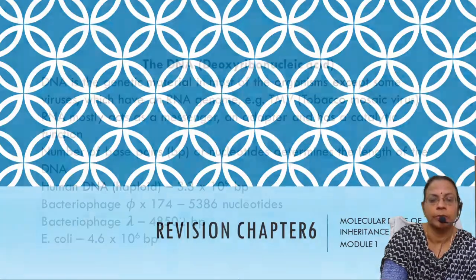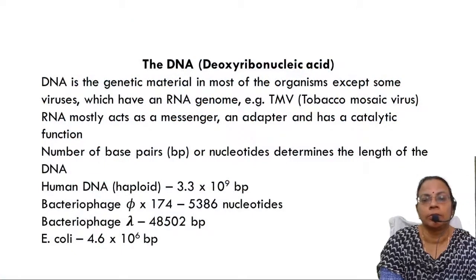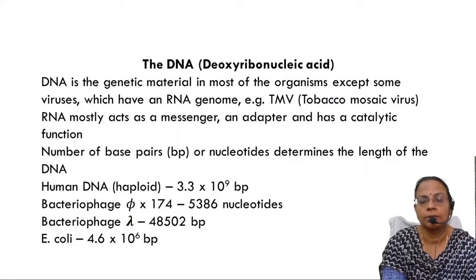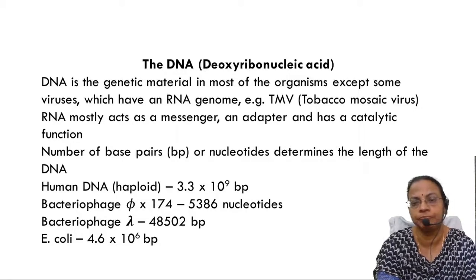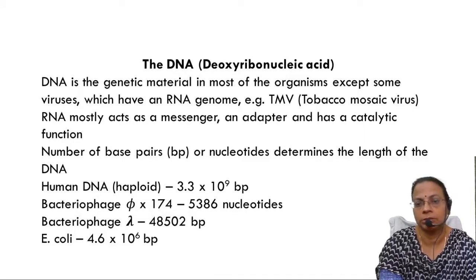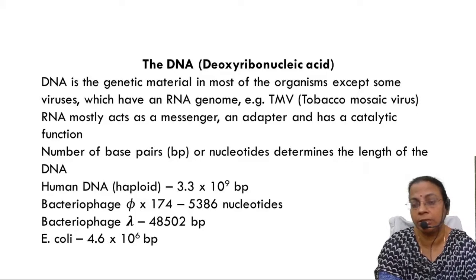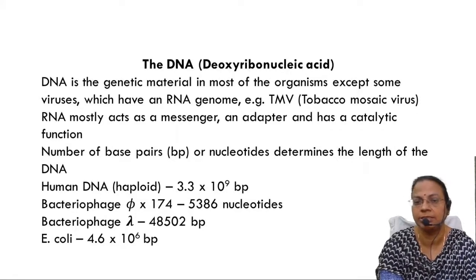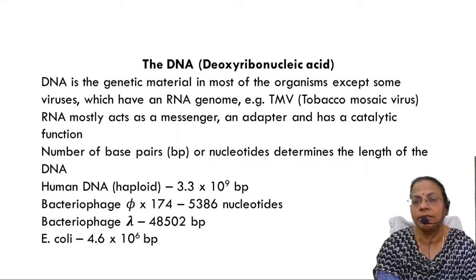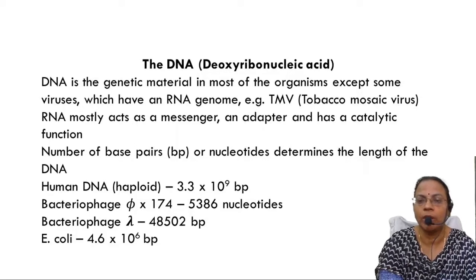So here we are going to discuss the descriptive characteristic features of DNA. DNA is the genetic material in most organisms, and it carries the genes and causes the inheritance of characters from one organism to another.